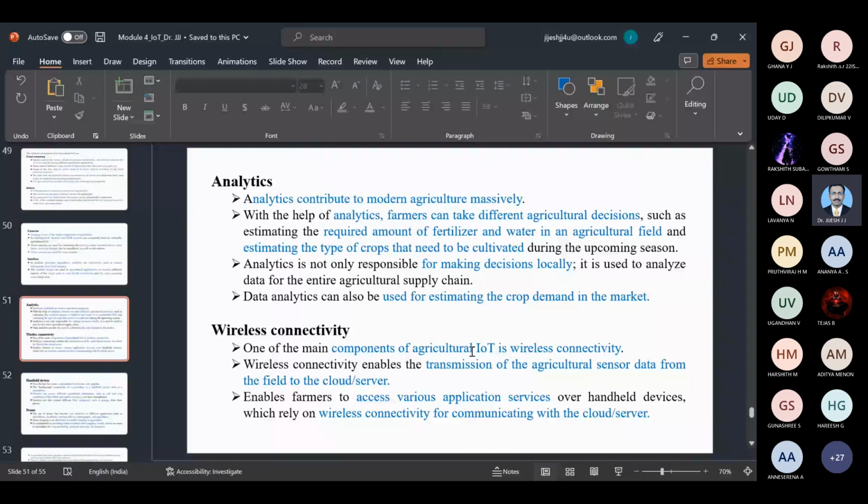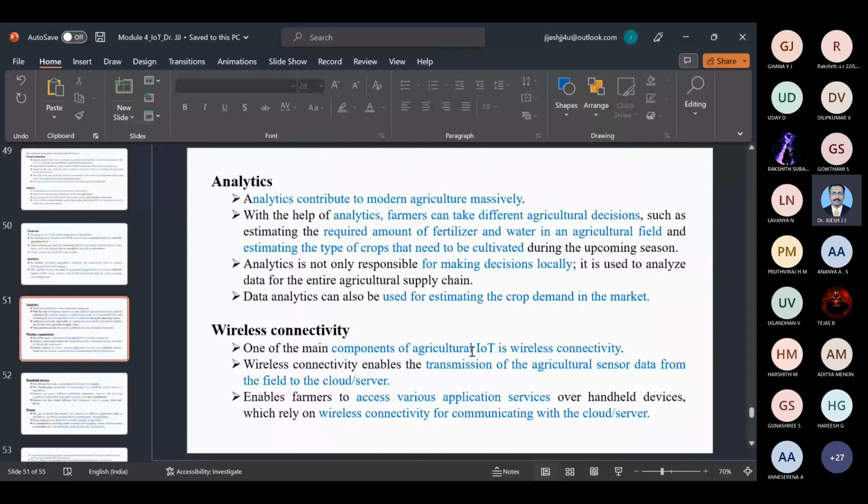All this plays a major role and enables the transmission of agriculture sensor data from the field to the cloud or server. It also enables the farmers to access various application services, and helps the wireless connectivity for communication with the cloud or server.